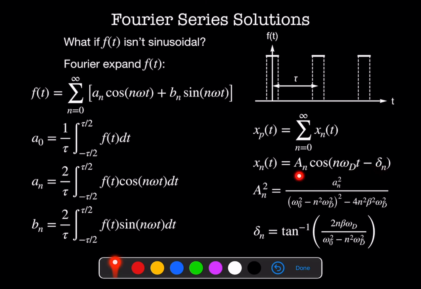And the definitions for A_n and delta_n are quite similar to the formulas that we worked out for the amplitude and phase shift of the driven oscillator. However, all of the terms that used to be omega_d are now n times omega_d. So we've got n squared omega_d squared in the denominator here, and we've got n squared omega_d squared here.